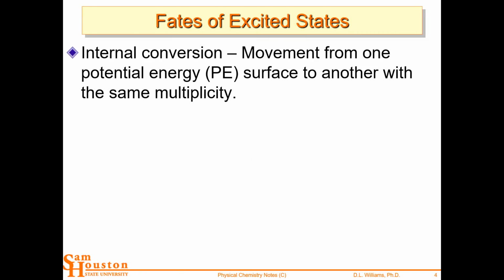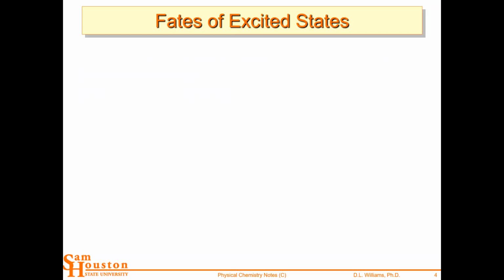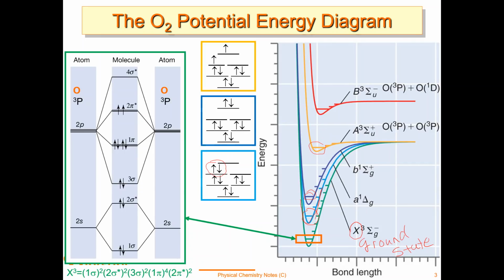So let's talk now about some of the vocabulary words. The fates of the excited state. So an electron has jumped up to a higher wave function. We now have an excited state molecule, and several things can happen. You can have internal conversion, so it can go from a potential energy surface to a different one of the same multiplicity. Let me go back and show you where in the oxygen this might take place.